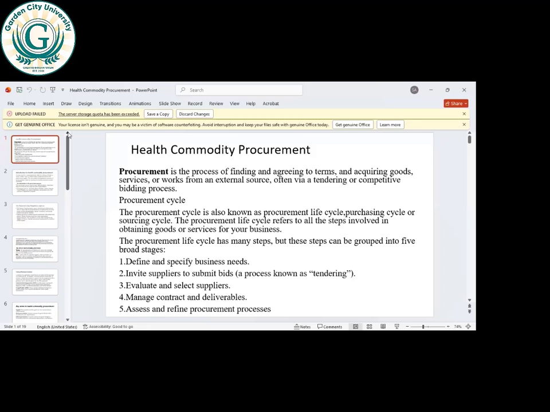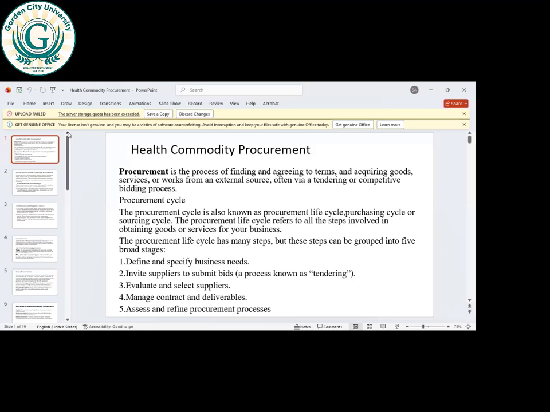For private institutions, they can decide to award contracts as they wish, but well-structured private institutions often follow this process. Like when you come to Garden City University, for instance, though it's a private university, we follow the Public Procurement Act, whereby anytime they are buying, the president, in our case, can sign up to 30,000.